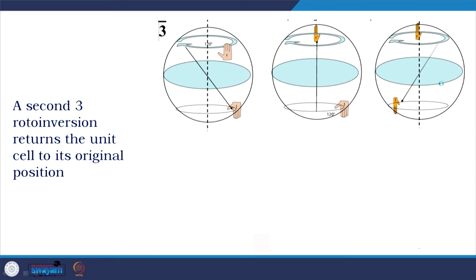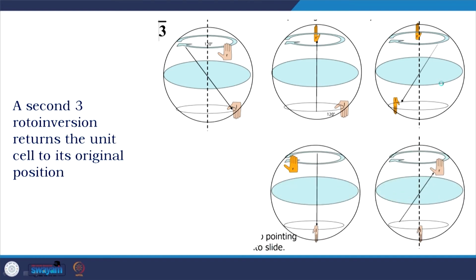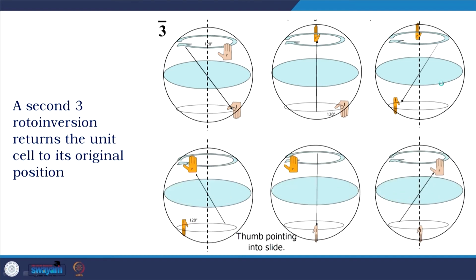So, because it is threefold, you are making a 120-degree rotation with the inversion. So, you see the changes in the picture with the corresponding change of 120-degree angle with the inversion.